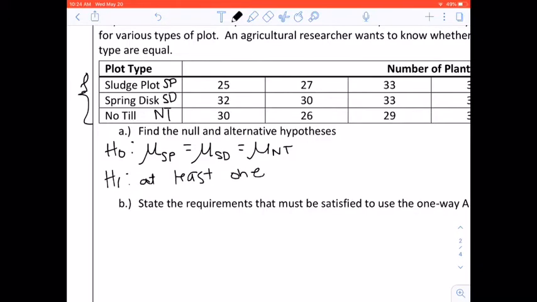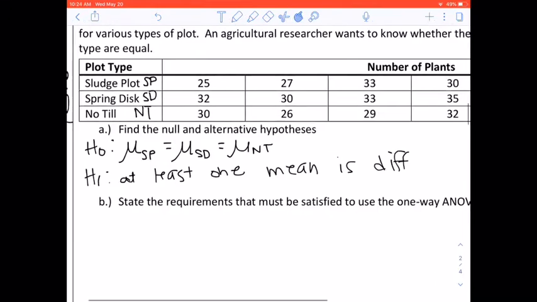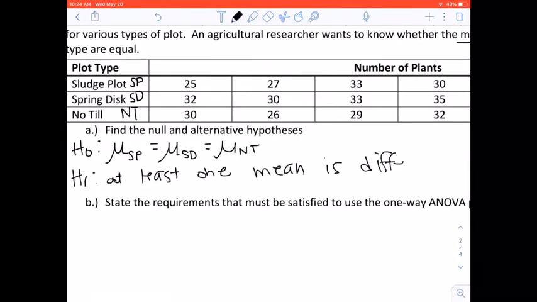And we are talking about the mean number of plants. So at least one mean is different than the others for the number of plants.